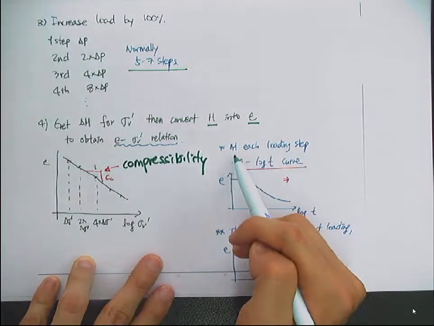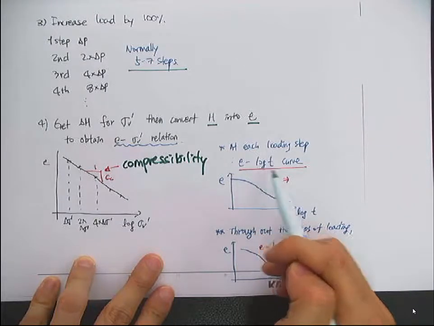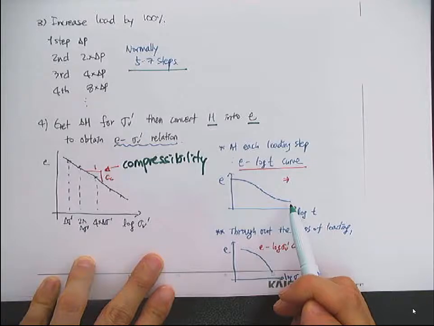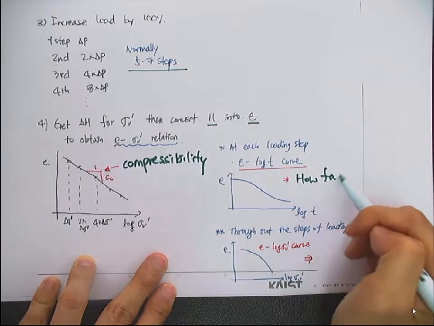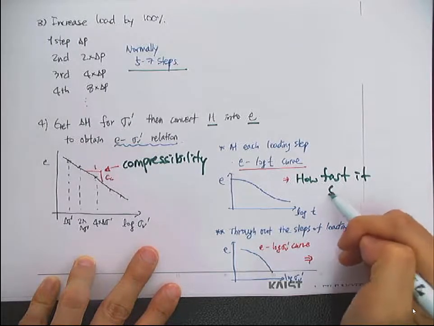So at each loading time, you get the e versus logarithmic time curve, so e versus log t curve. And this can tell you how fast the settlement occurs, etc.